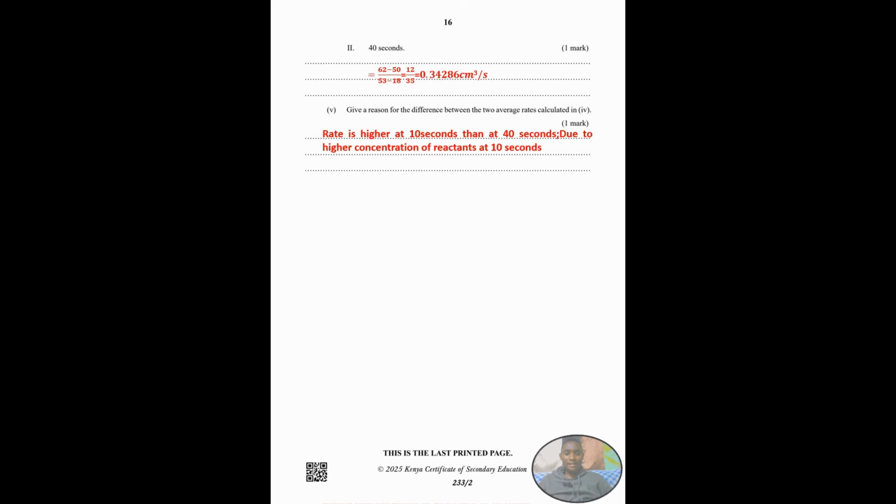At the early stages of the reaction, the amount of reactant is higher compared to the late moments of the reaction. And as we know, the concentration of the substance is another factor which affects the rate of a reaction, and automatically the rate at 10 seconds will be higher than the rate at 40 seconds.